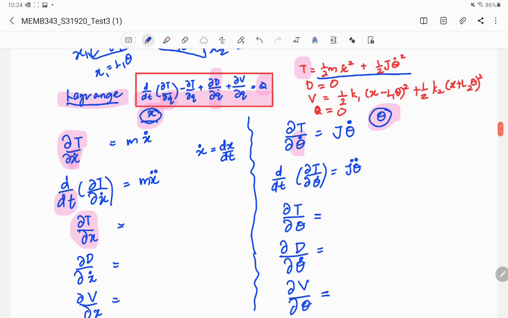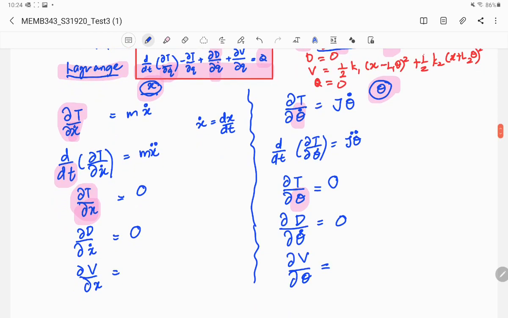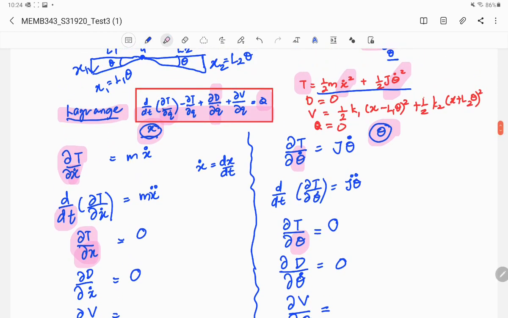You only have x dot and also theta dot, but you do not have x and also theta. So that's why this expression is normally 0. Then you go ahead, the dissipation terms are also 0. As I mentioned, there's no damper. But the next one is the dV, so dV is referring to this equation here.